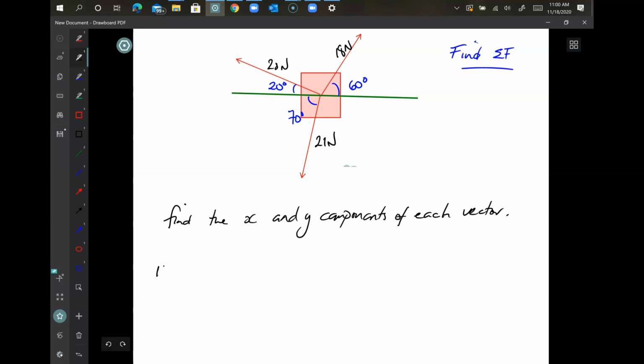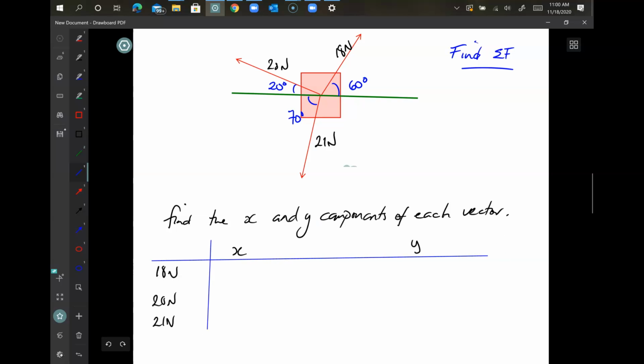Okay, I've got the 18 Newton vector, I've got the 20 Newton vector, and I've got the 21 Newton vector. And each will have an x component and a y component. I'm just going to put these into a little table.